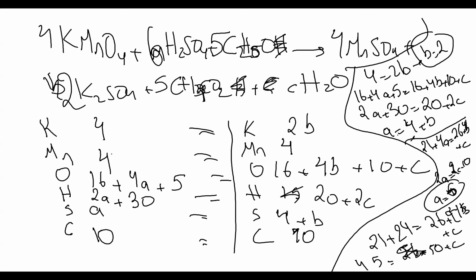Yeah, it ended up a minus. One moment. Let me do something. 2a equal to c minus 10. 2a means 2 times 6, 12.